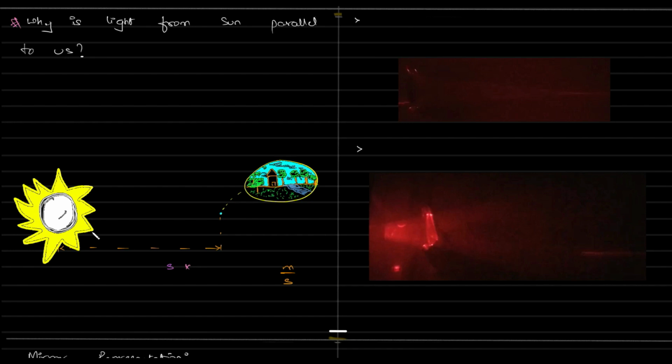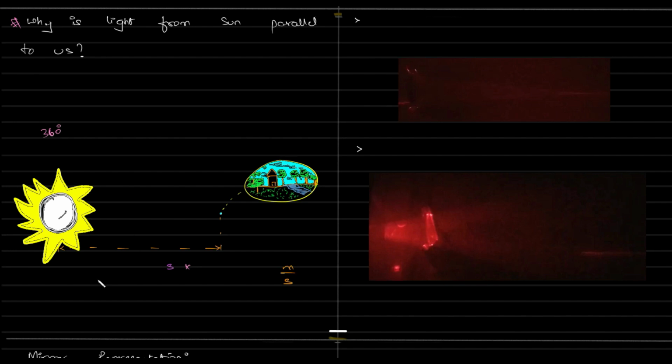See, the sun as a whole will emit light in 360 degrees. In pretty much all directions, you have to imagine a three-dimensional structure. But the light that reaches our surface is parallel.